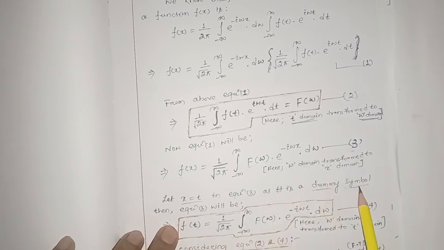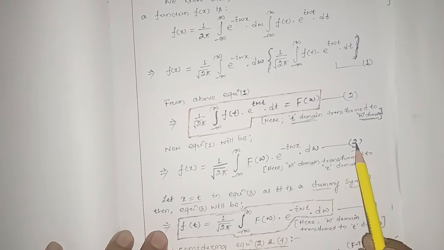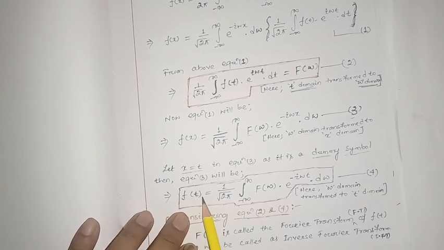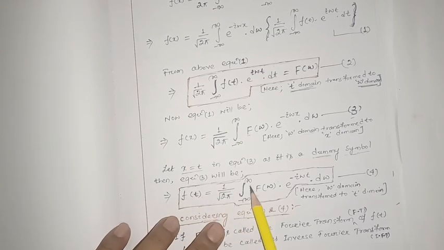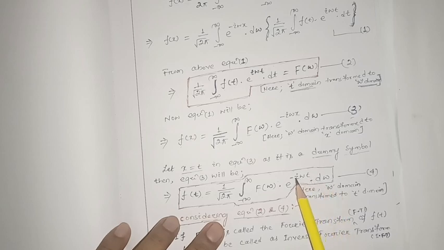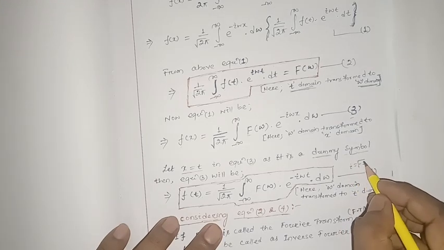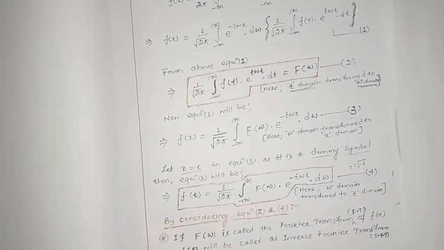As it is a dummy symbol, equation number 3 will be, instead of x, t. F of t will be equal to 1 by 2 pi integral from minus infinity to plus infinity of capital F omega into e to the minus i omega t into d omega. Here i is your iota. Iota means i is the square root of minus 1, you know. Let this be your equation number 4.